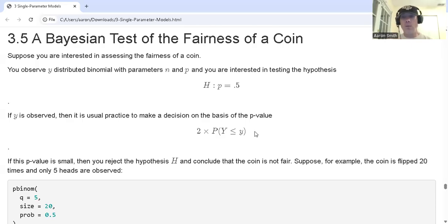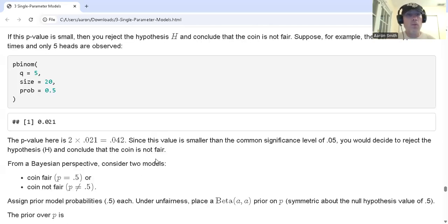All right, suppose, for example, the coin is flipped 20 times, but only 5 heads are observed. Let's go ahead and consider that. So let's get the probability of the binomial random variable of 5 heads with 20 flips and a fair coin probability of 1/2.